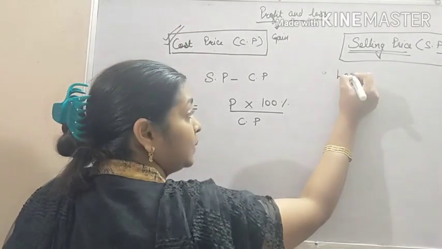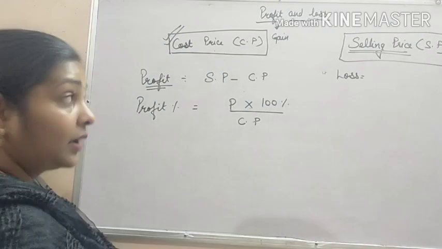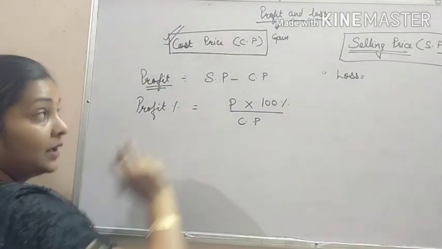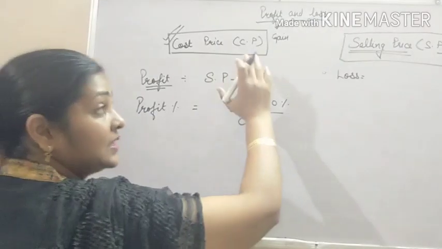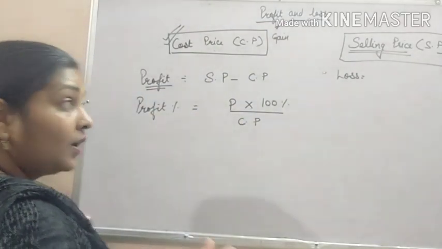Similarly, loss will be incurred when CP is greater than SP. That means the difference between CP and SP tells us whether we are having profit or loss.